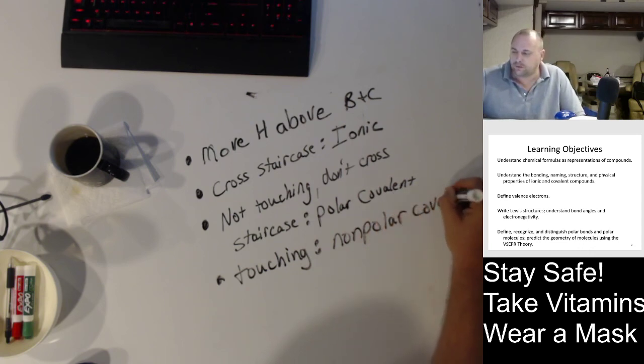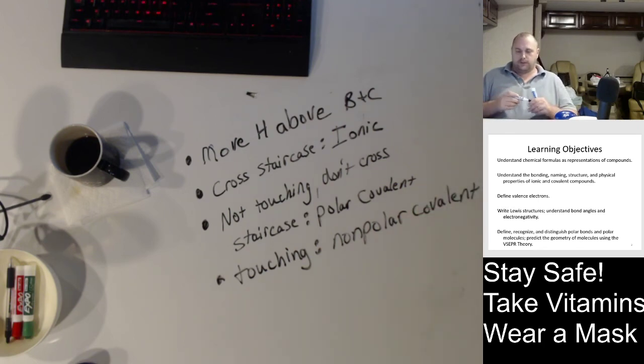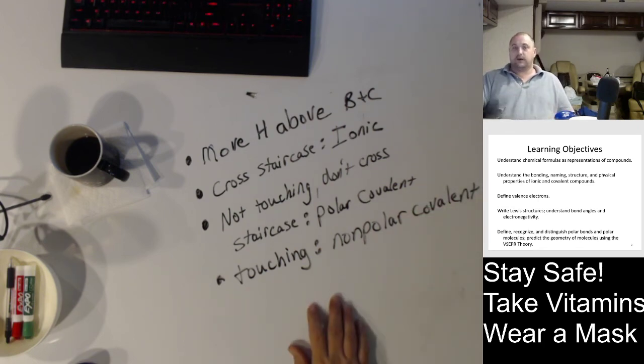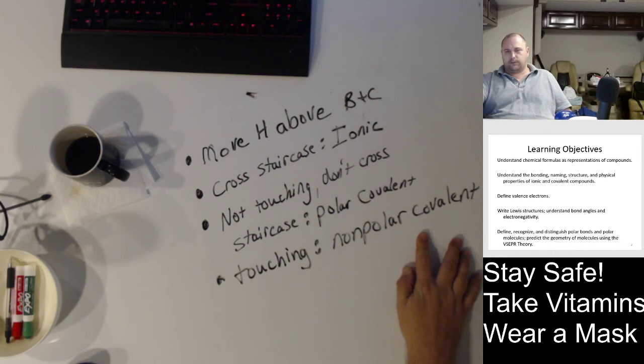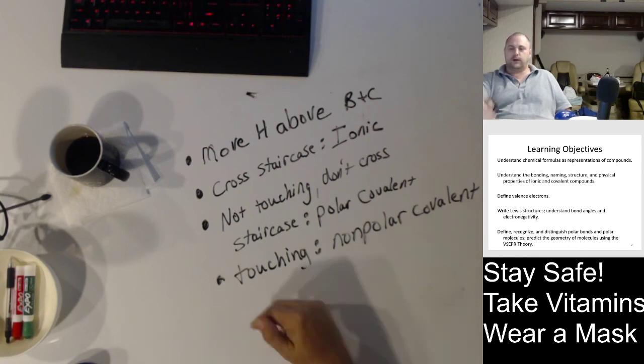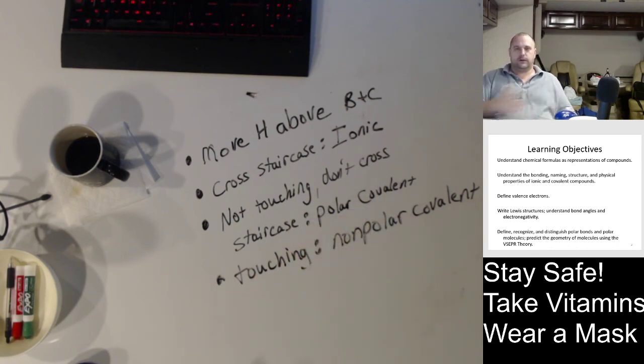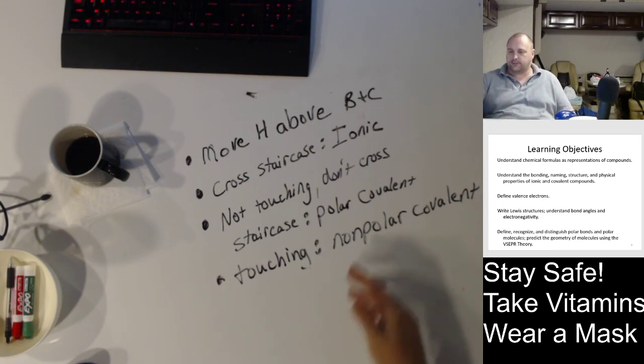You have to be careful. In many of these questions they ask, is the bond polar or nonpolar? And so you have to be careful. If they're touching, then no, they're not polar. They're nonpolar, right? If they're not touching, then yes, they're polar. You got to be careful. That language shows up in lab a couple of times.